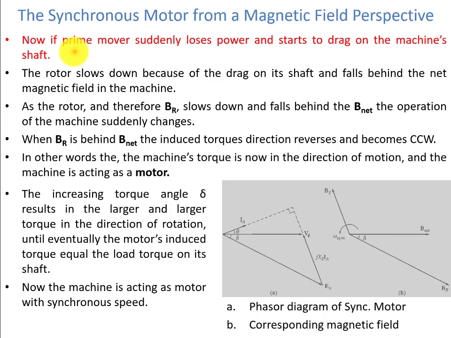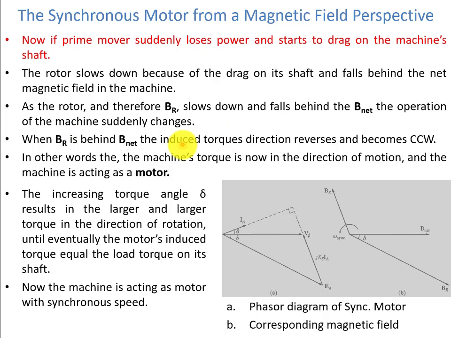Now if the prime mover suddenly loses power and starts to drag the machine's shaft, the rotor slows down because of the drag on the shaft and falls behind the net magnetic field in the machine. As the rotor, and therefore BR, slows down and falls behind B net, the operation of the machine suddenly changes.